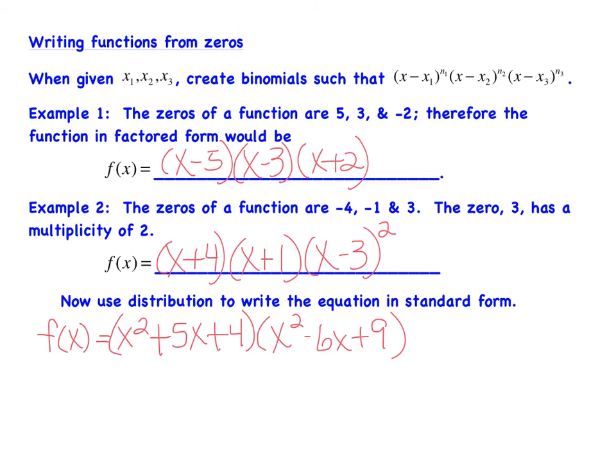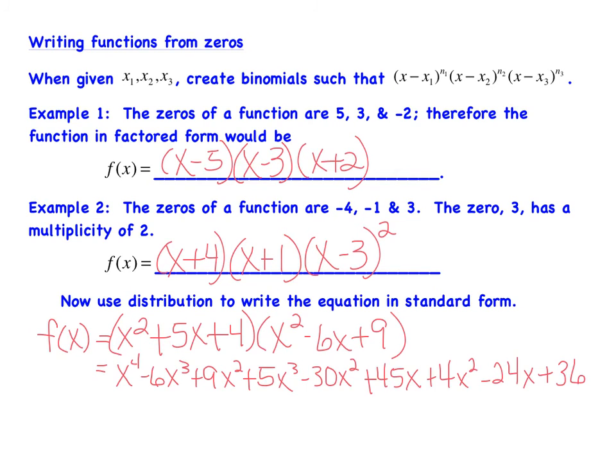It's really -3 times x plus -3 times x, which is -6x. And then it's -3 times -3, which is 9. So now we have our two trinomials, and we are ready to use distribution to continue this conversion.